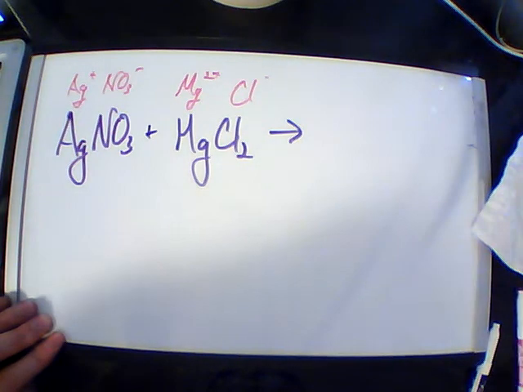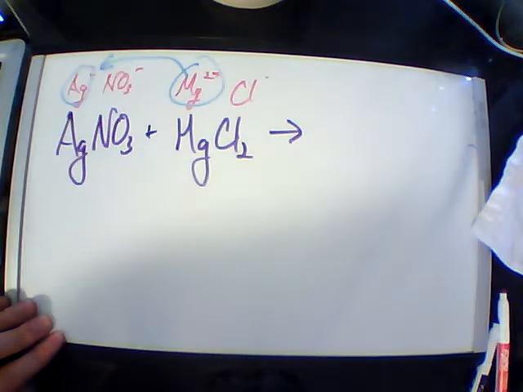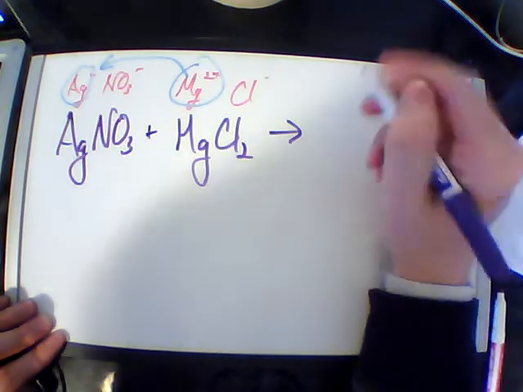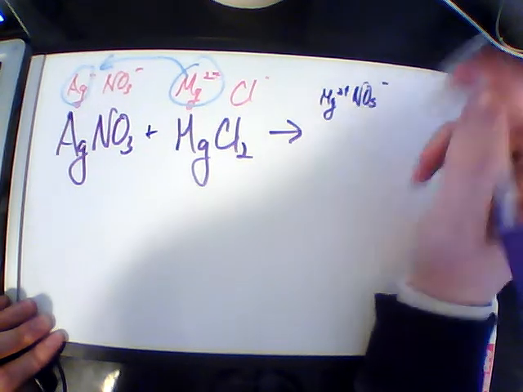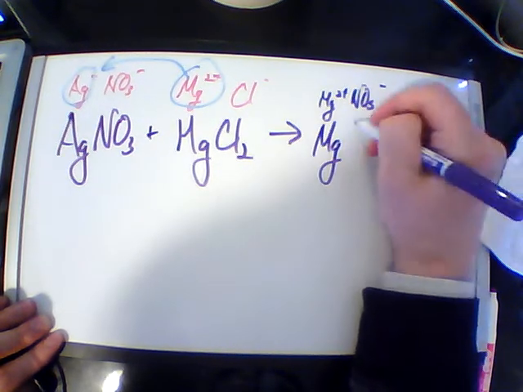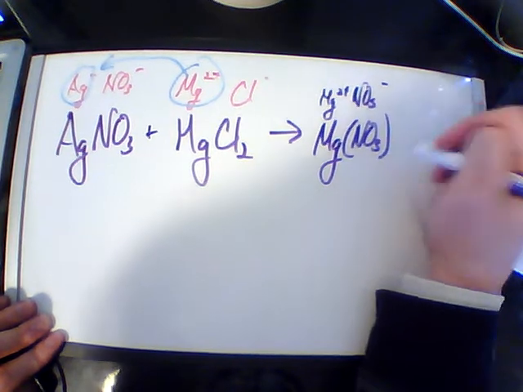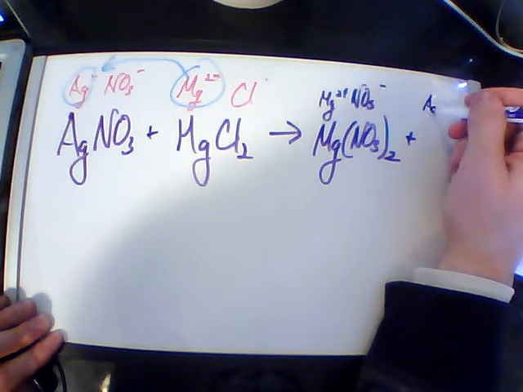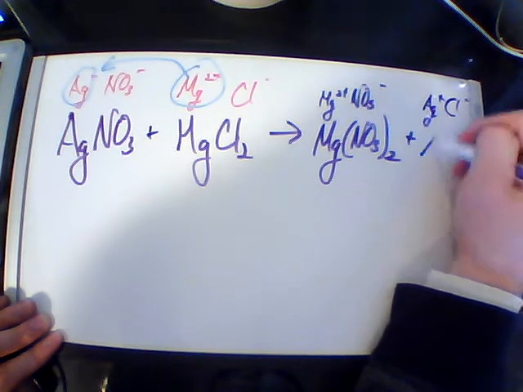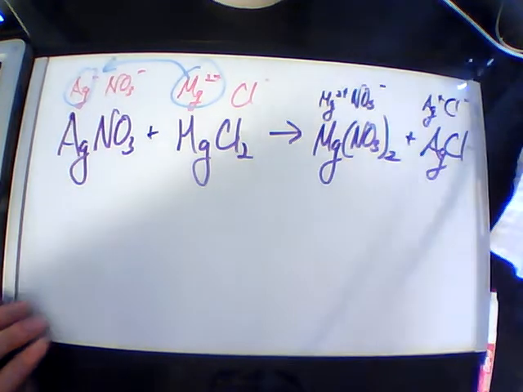And then to figure out my products, take your cations, switch them. So in the end, the Mg2+ ends up bonded to the nitrate, which is NO3-, which means I need 2 nitrates to satisfy that 1 magnesium. And then I end up with Ag+ bonded to Cl-, which is just AgCl.